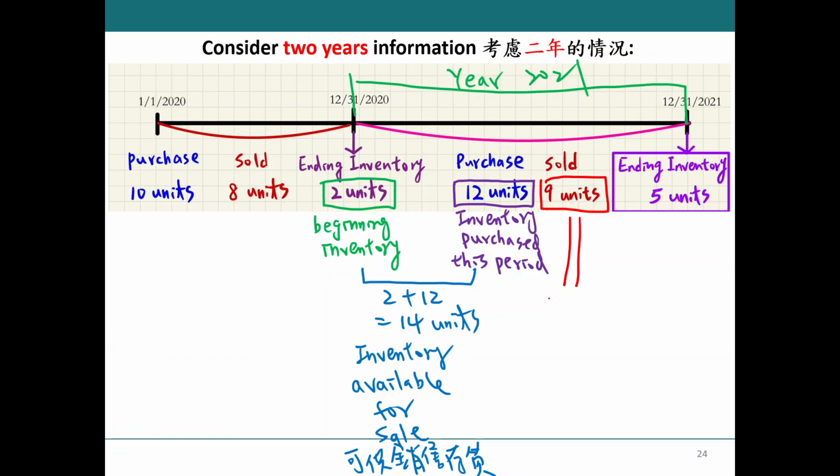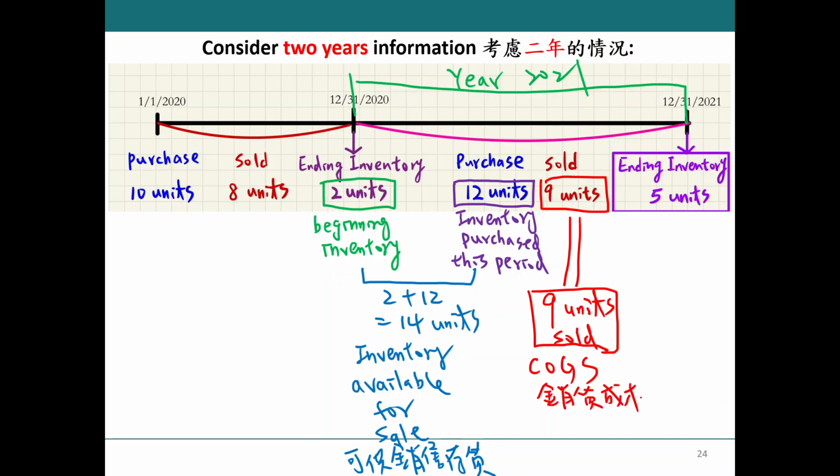These 9 units you sold, what we call cost of goods sold, right? 销货成本. So could you tell me, 14 units, you sold 9, how many you left in the company? 5, right?